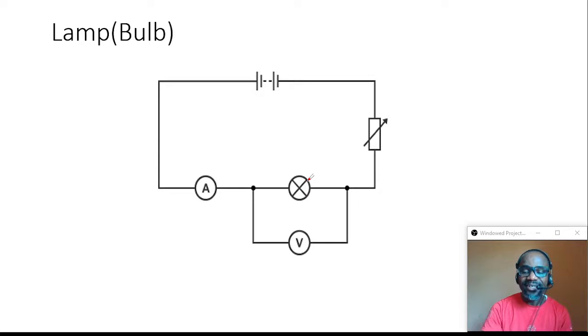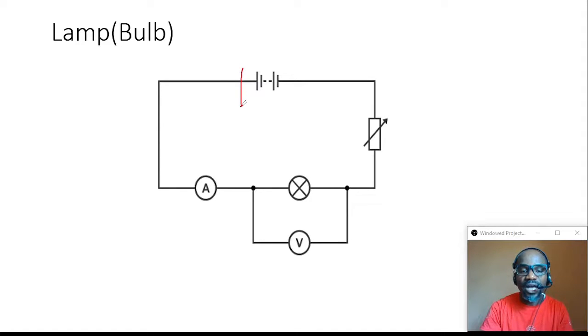So today we are going to compare what happens when a lamp or a bulb is connected in an electric circuit. The first thing we need to do is to understand the various components that have been put together to arrive at this schematic representation.